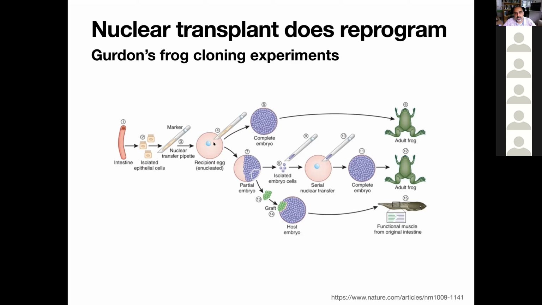In some cases, when he got just a little bit of the embryo developing, as you do sometimes, he was able to graft this tissue and put it in a host embryo, and find that he would get complete integration of this graft into the embryo as well.